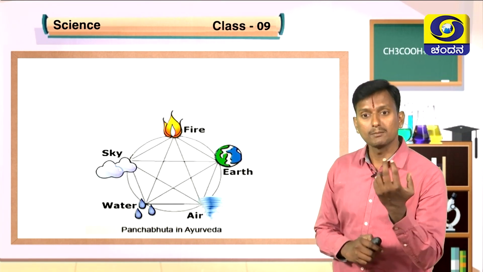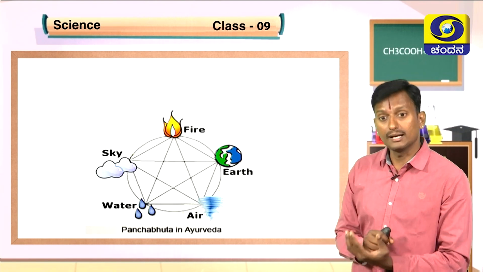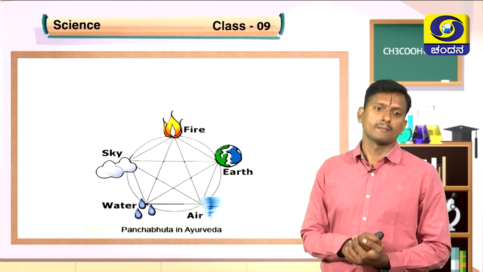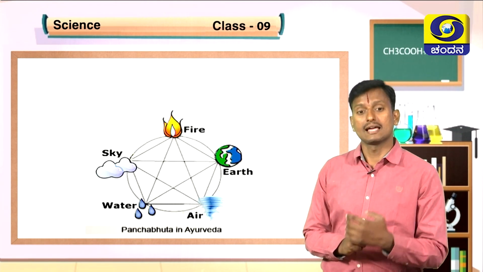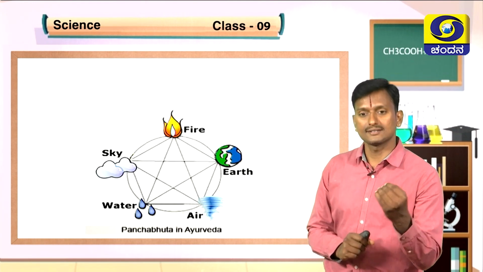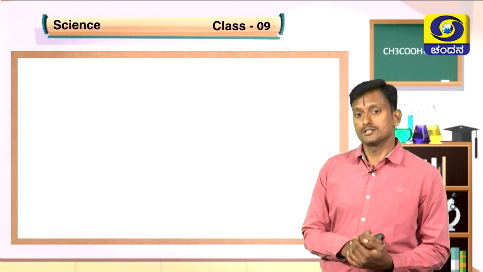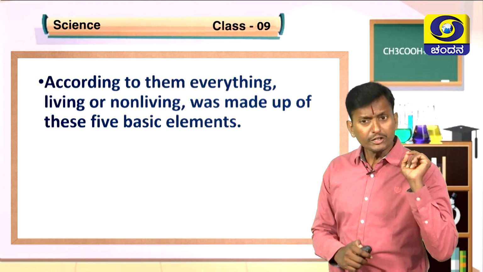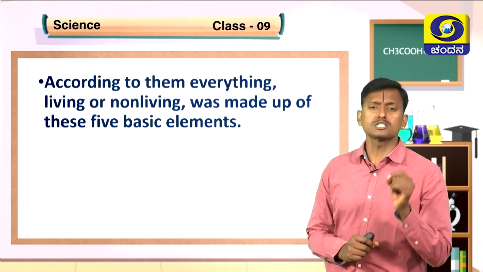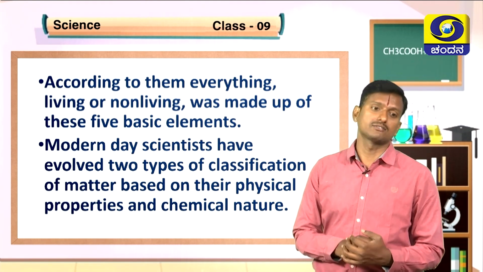We call them Panchabhutas. That means everything is made up of the Panchabhutas, as the earlier philosophers have said. So fire, earth, air, water and sky, these are the Panchatattvas, Panchabhutas. Understand? According to them, everything living or non-living was made up of these 5 basic elements, that is the Panchatattvas.